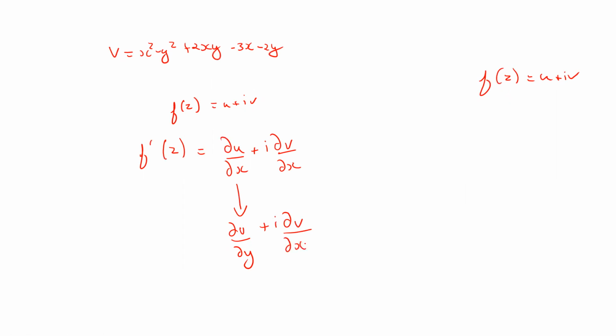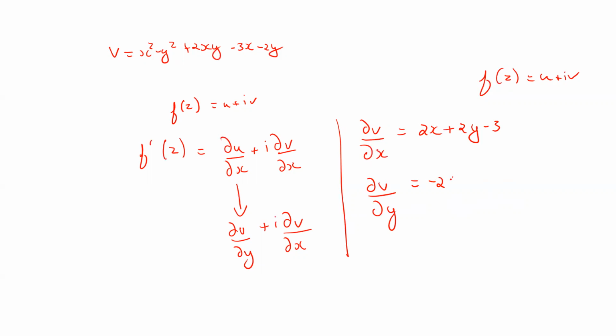Now from the given function v, we can find dv by dx and dv by dy. dv by dx, from the given equation, is 2x plus 2y minus 3, and dv by dy is minus 2y plus 2x minus 2.